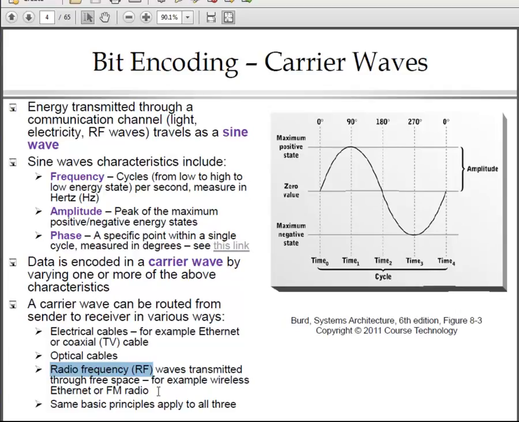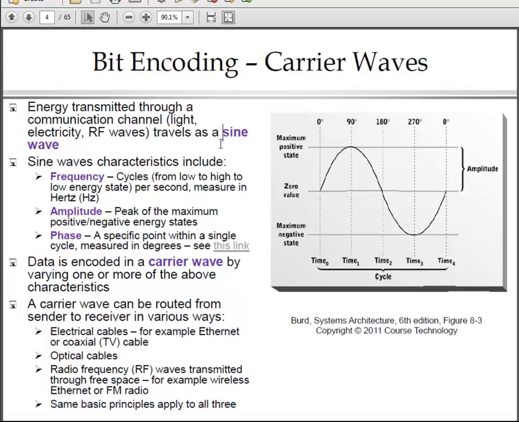Acoustic energy transmitted through an atmosphere. So all of those can be ways of routing a carrier wave from one place to another, either in a guided sense with cables, or in an unguided sense, such as with radio frequency or such as with audio. The same basic principles apply to all three, or all four in this example.